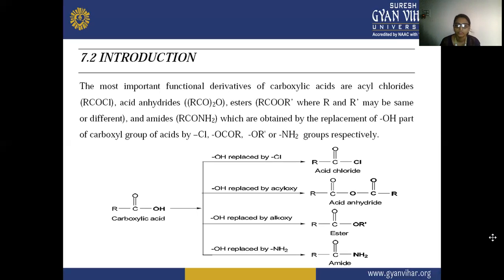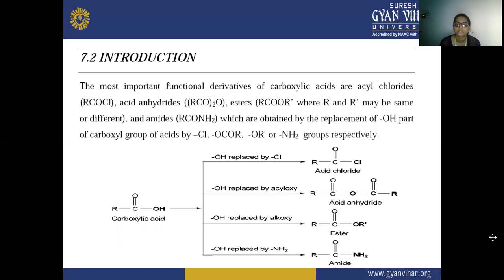Here you can see the OH is replaced by Cl, and after that there is a formation of the acid chloride. The acid chloride is formed by the replacement of OH by chlorine.